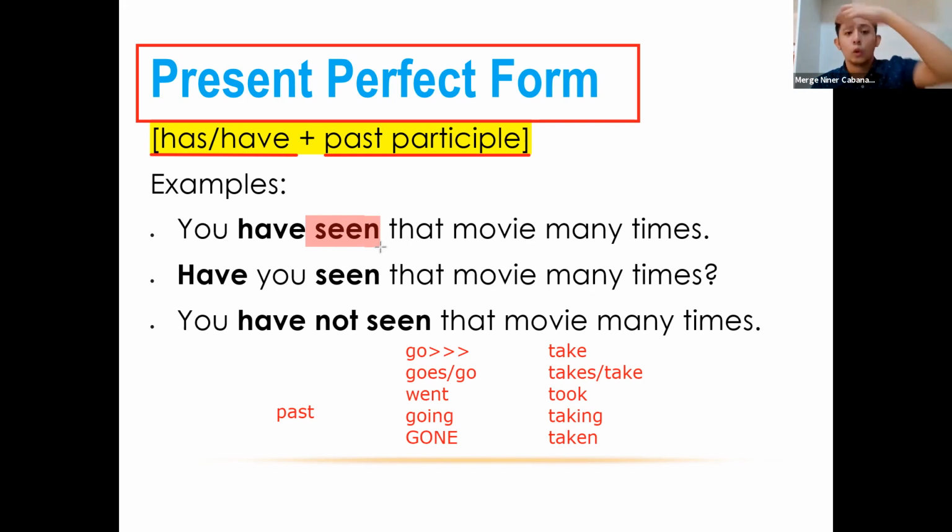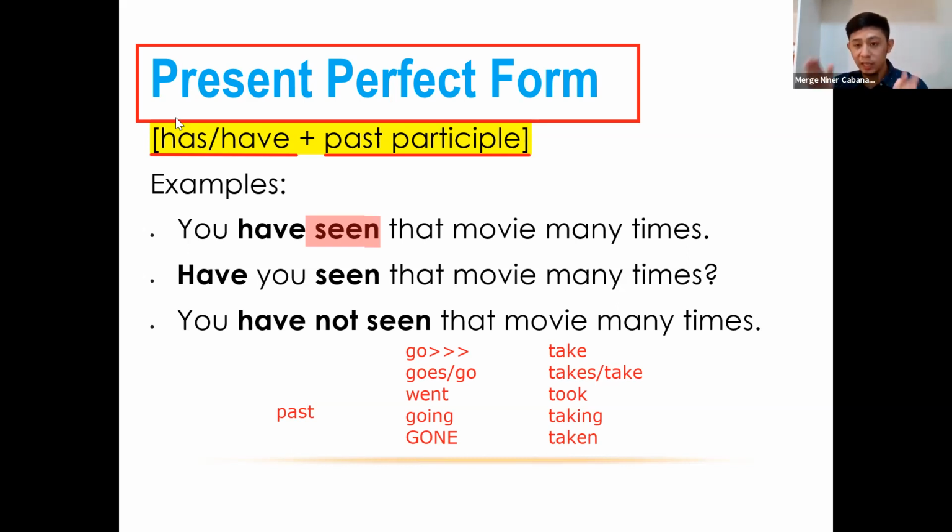Now, sir, when do we use the word has and when do we use the word have? Okay, has is for singular subject. Example, the tree has, the dog has, the person has. But if I'm using the plural form, okay, the people have, the children have, the books have, the trees have, plus your past participle.